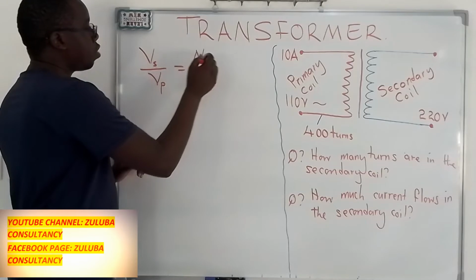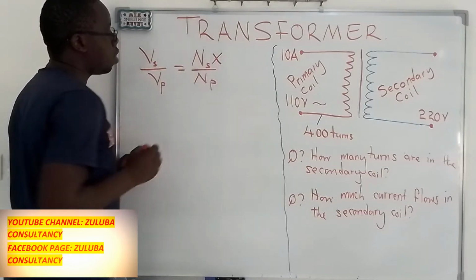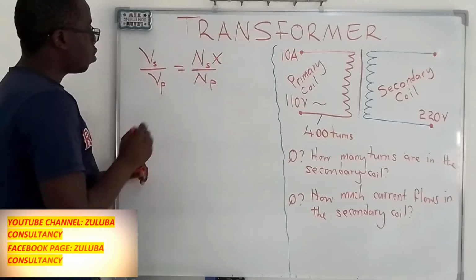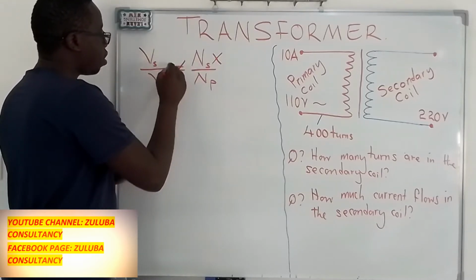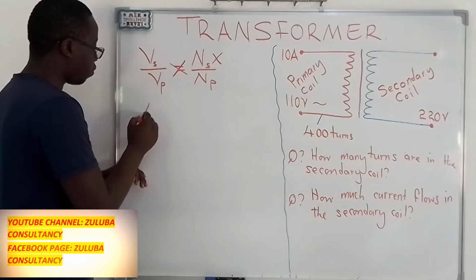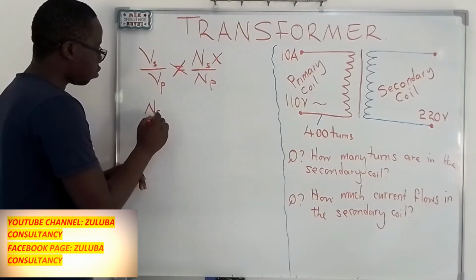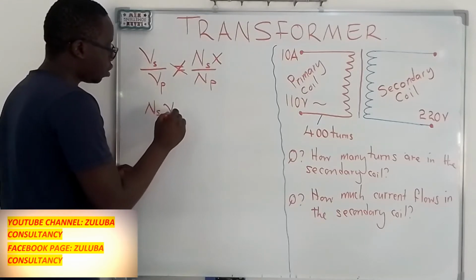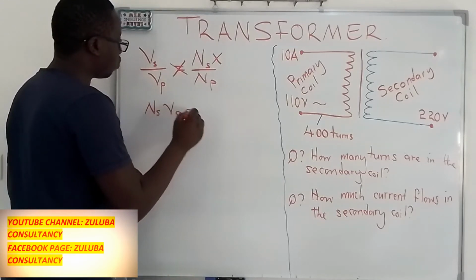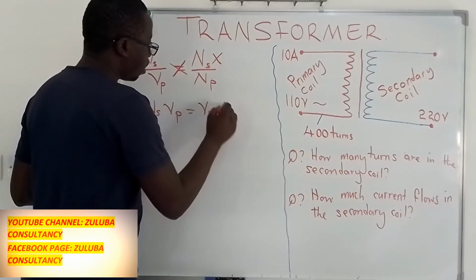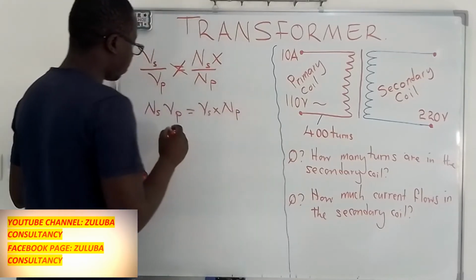In this case, we have been asked the number of turns in the secondary coil. You can simply cross multiply there. We'll have the number of turns in the secondary multiplied by the voltage in the primary is equal to the voltage in the secondary multiplied by the number of turns in the primary.